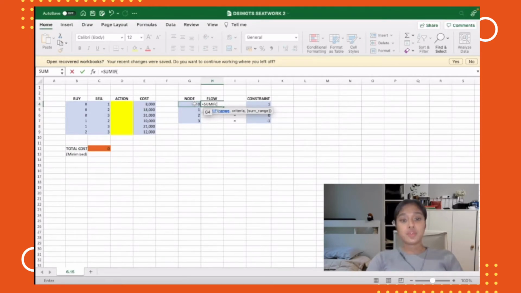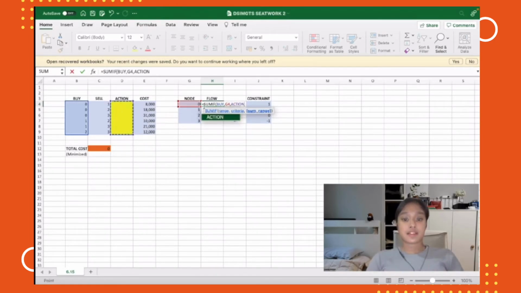So to continue with our equation, since we named our cells, this would be somehow easier for us to reference already. So our range for the first SUMIF function is the buy. Our criteria is the current year, and then our sum range is the action.